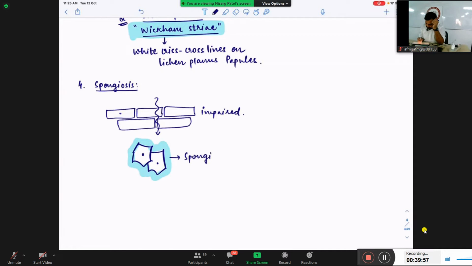This is spongiosis. Spongiosis is intercellular edema. So, in which condition is the barrier impaired?